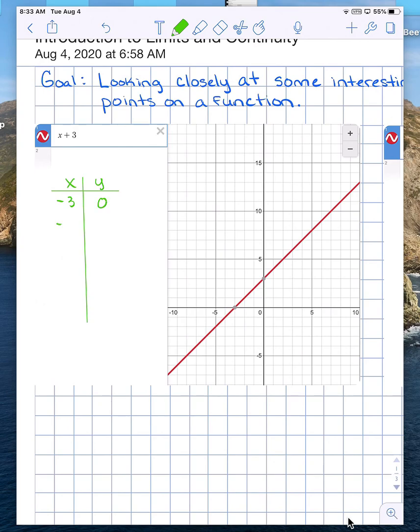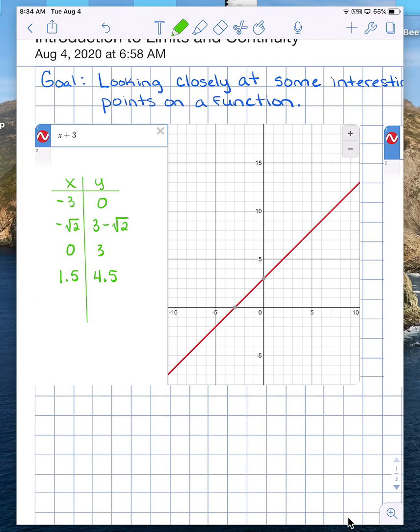If we put in -√2, the output is -√2 plus 3. If we put in 0, everything is fine there. So it doesn't matter. This function is continuous. Everything exists. This line has no holes, no gaps, nothing like that. So this is a nice, smooth function.